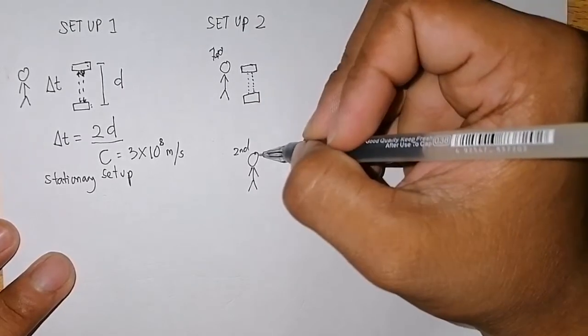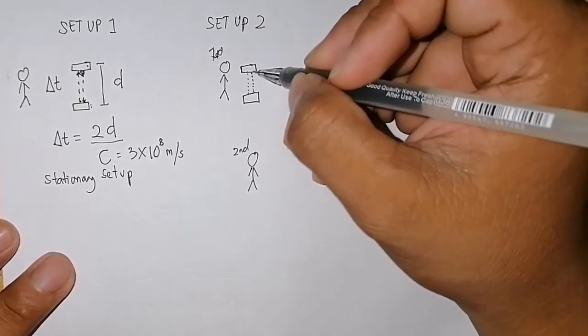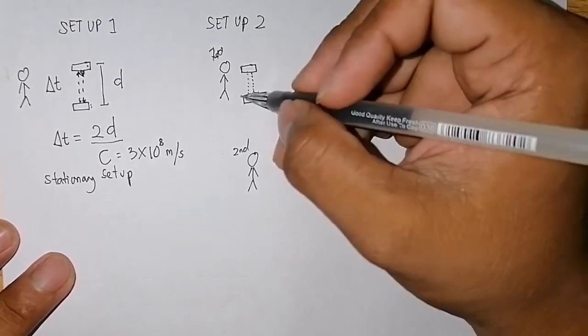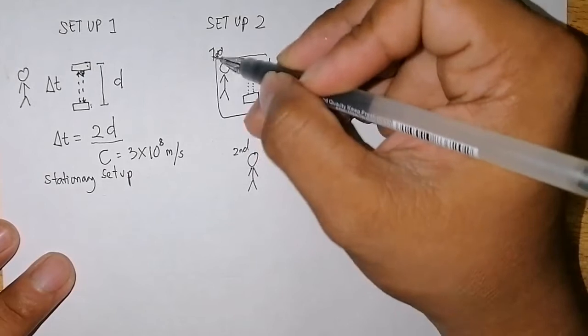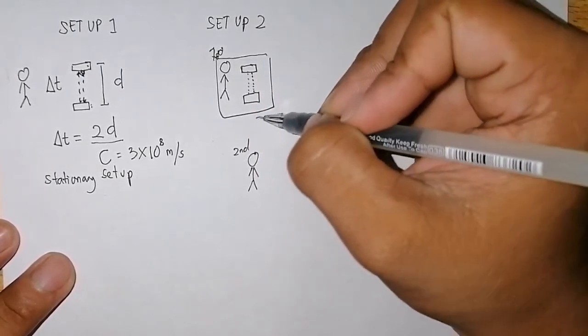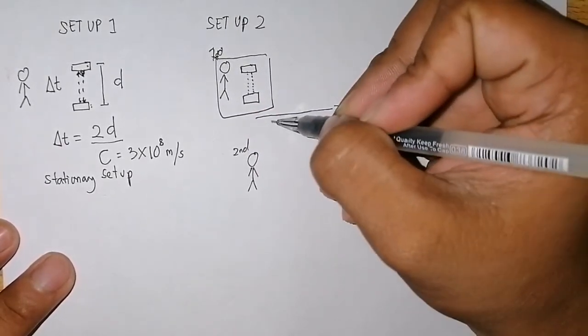While for the second observer, it is a different case, considering that this particular object is traveling at a particular velocity or speed.